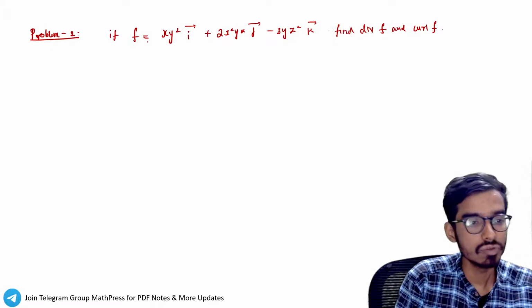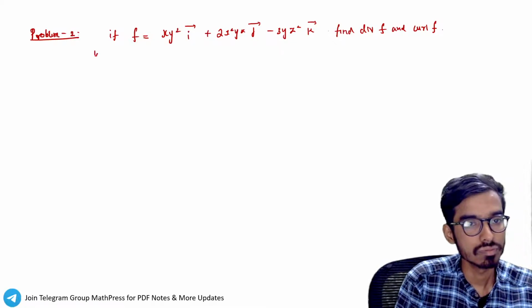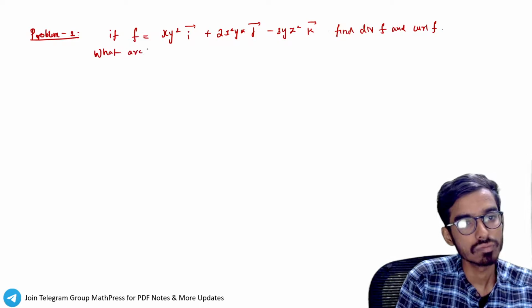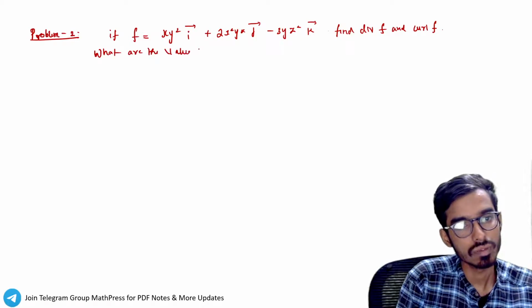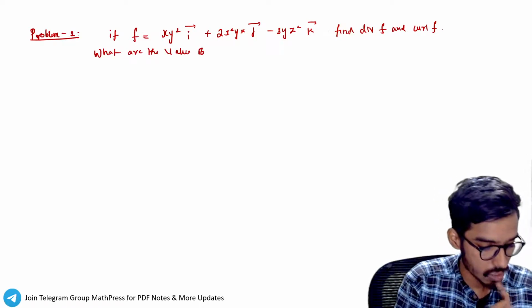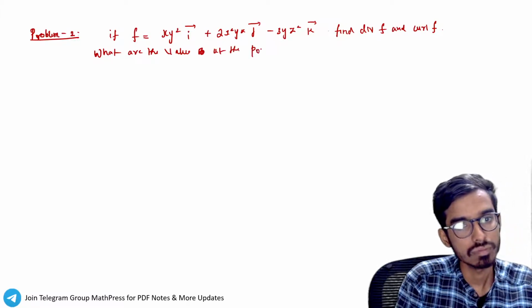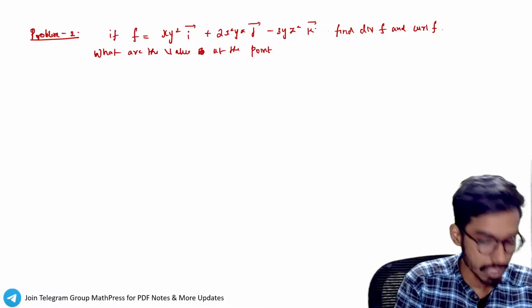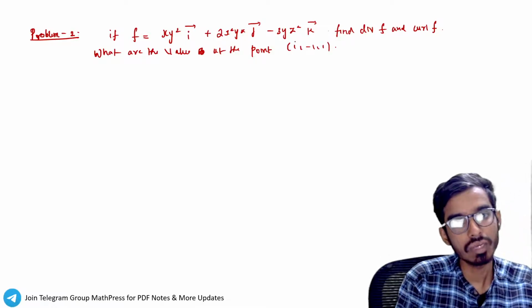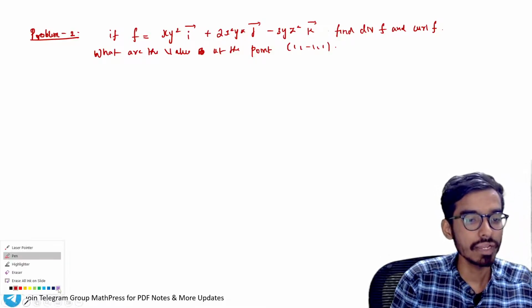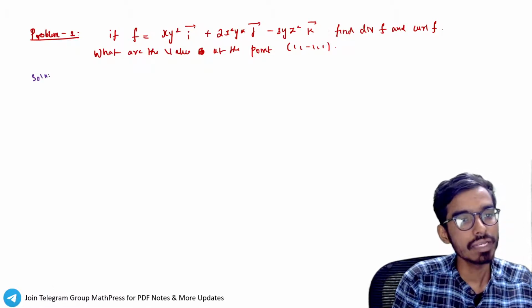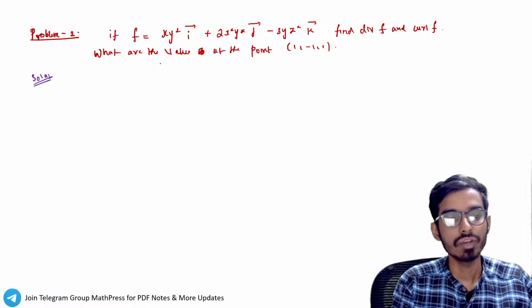What are the values at the point (1, −1, 1), right? Very simple problem. You need to find divergence and curl. After that we need to substitute this point and tell the answer.